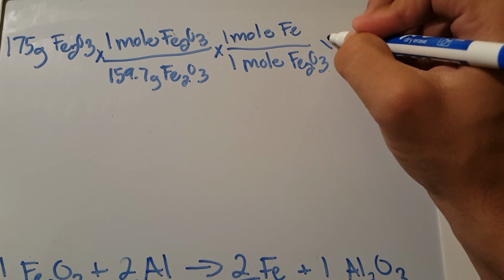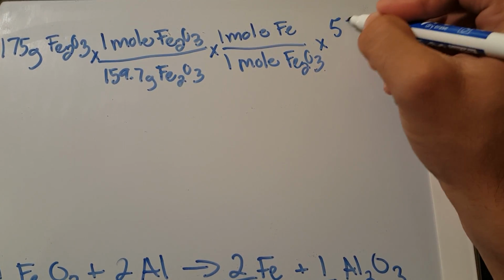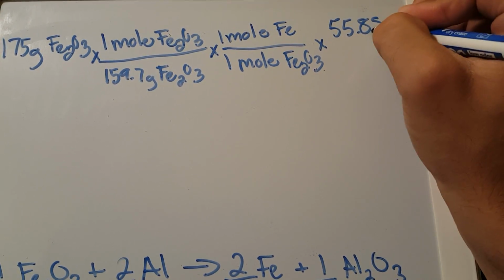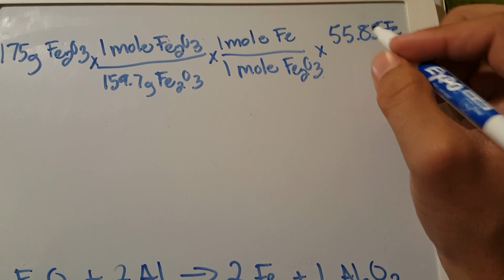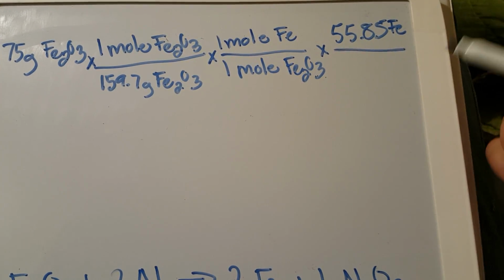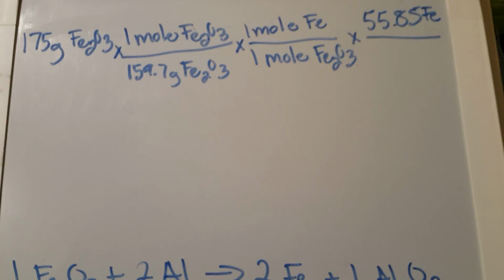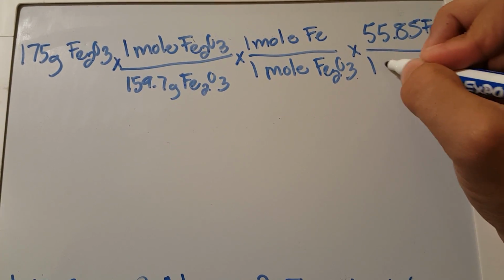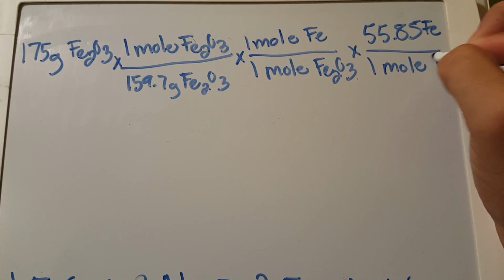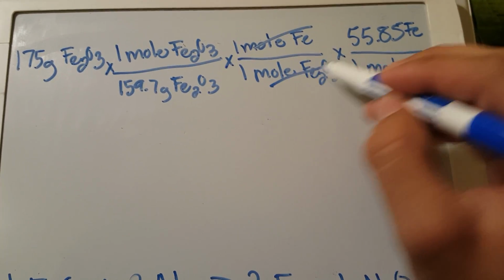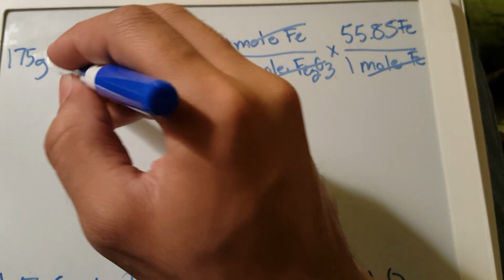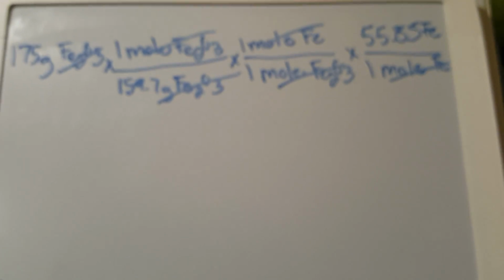And then for the final part of it, we're going to be doing the 55.85 of iron, since that is the mass of iron on the periodic table. And then we're going to be doing 1 mole of iron, so that it crosses out here, here, here, here, and the last part.